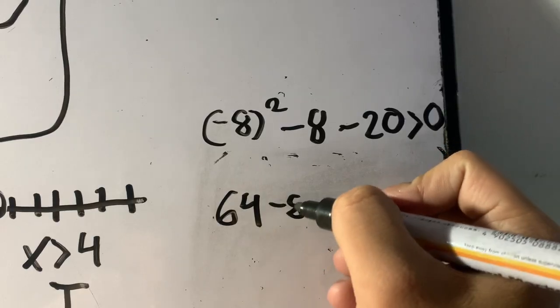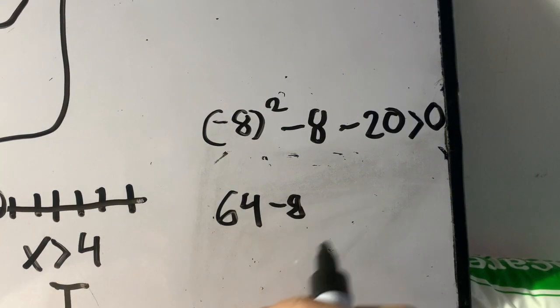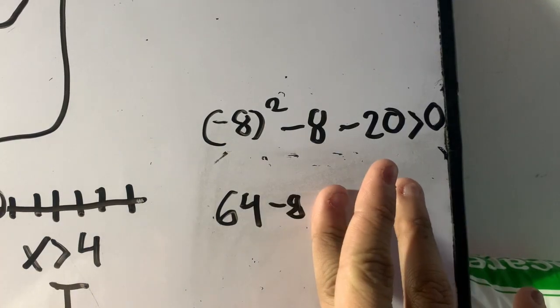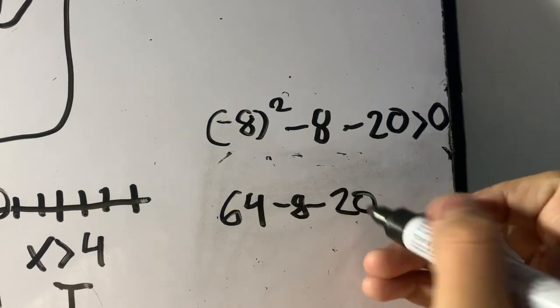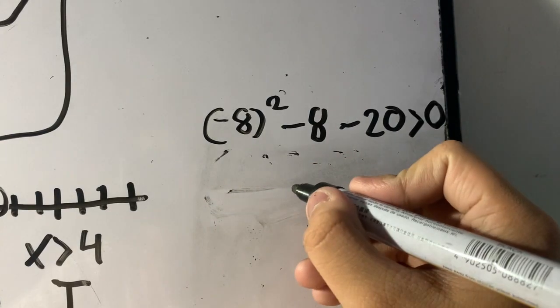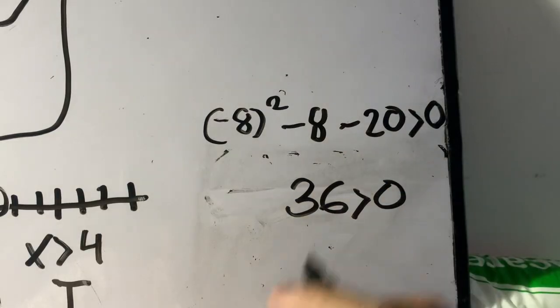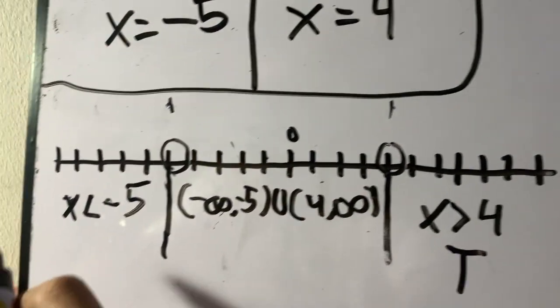Minus 8 is 64 minus 8, that would be 56. Minus 20. 56 minus 20 is 36. Is greater than 0. So is 36 greater than 0? That is true.